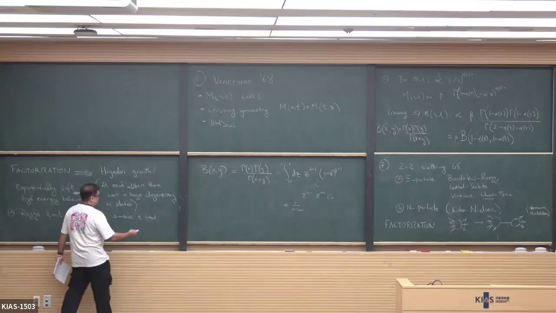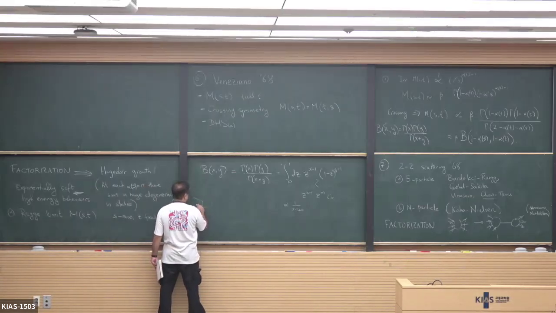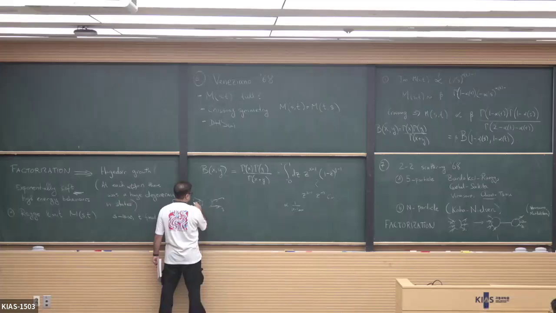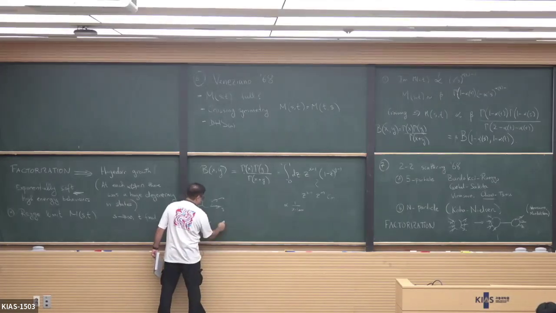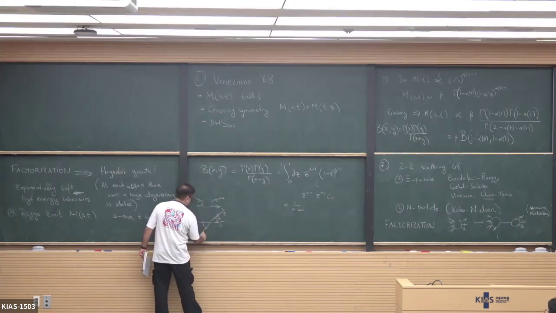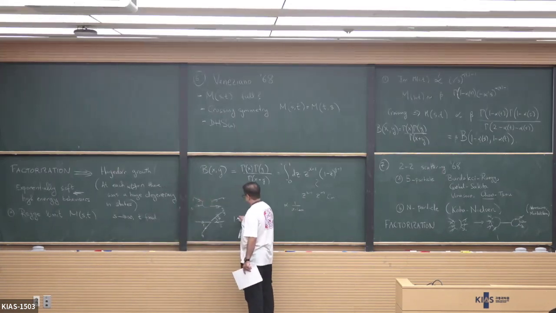If you want a physical picture, let me draw it here. You have two particles coming in, two particles going out, 1, 2, 3, 4. In the center of mass frame, if you redo the picture, you'd have 1, 2, and 2 making some angle with 3, and 4 coming out like that. So there is a formula.